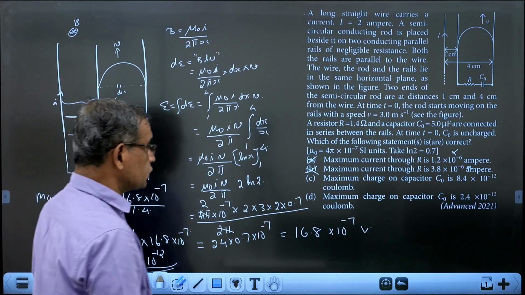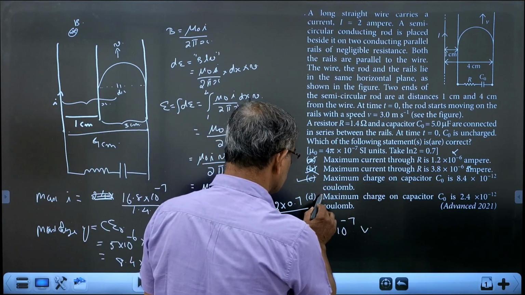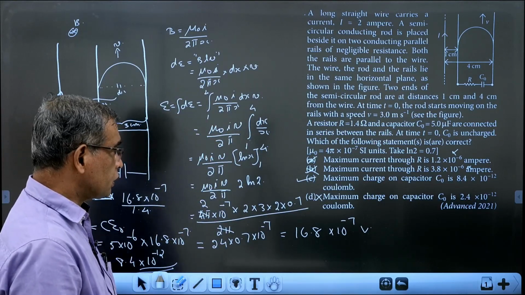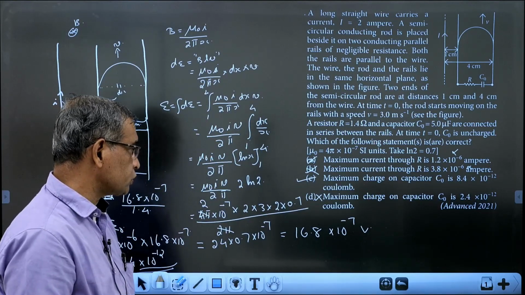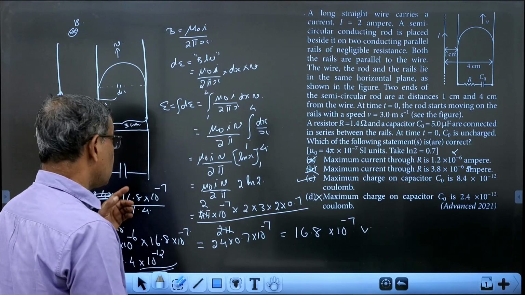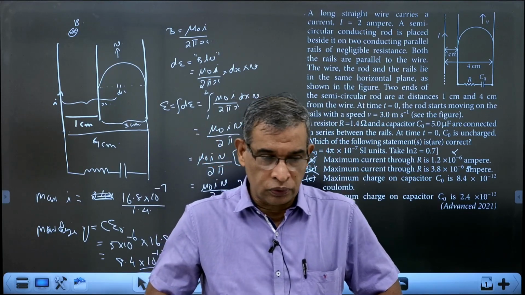And therefore that option is here, and the next one is wrong. Even though it is a multiple option question, here the correct option is C. So that finishes this problem. Thank you. See you next class.